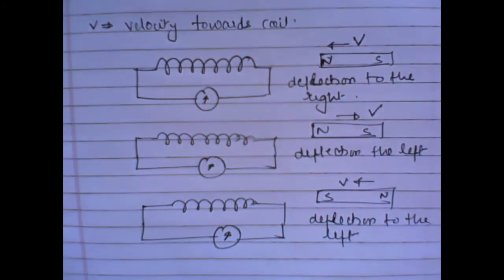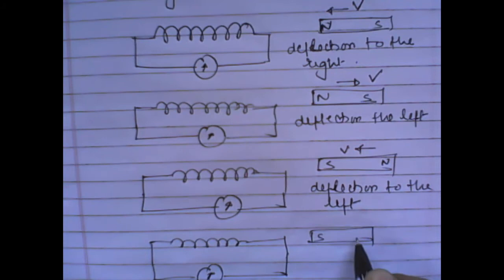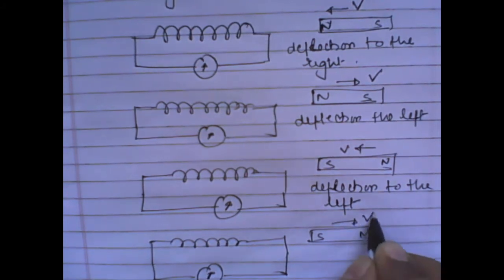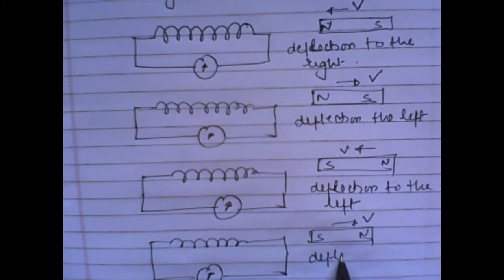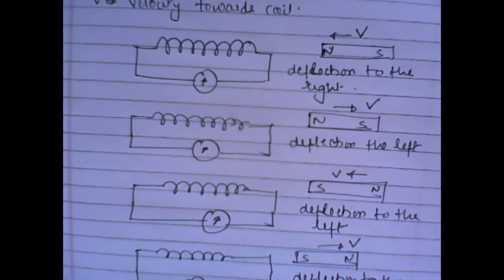And finally when he moved the bar magnet away from the coil with the velocity v, then he got the deflection to the right of the 0 mark of the galvanometer. So this is what he did.